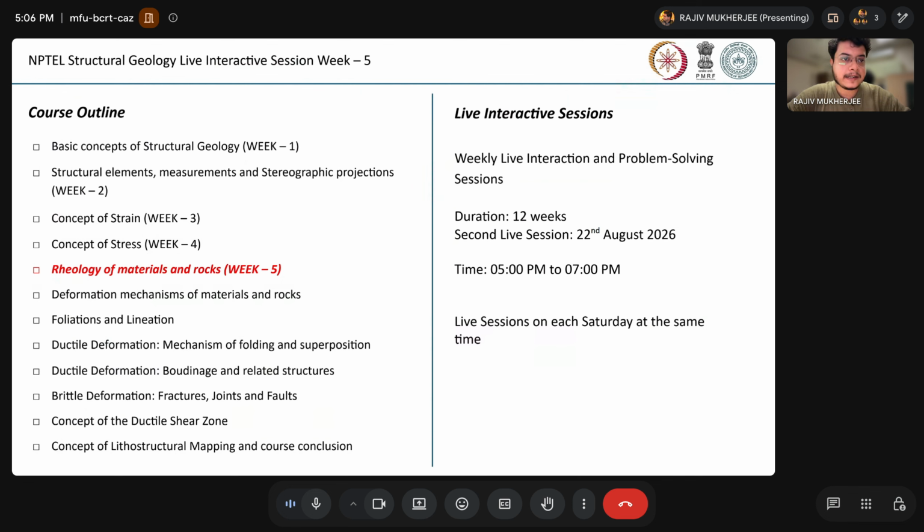It essentially considers that any material, whether it is a solid or a fluid, crystalline, non-crystalline, amorphous, whatever it may be, is responding to the applied stress in a manner that the entire response or the deformation can be quantified via a continuum framework.